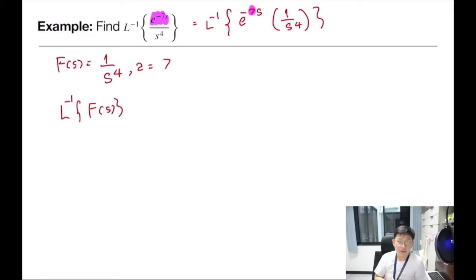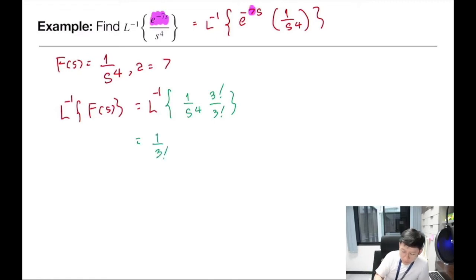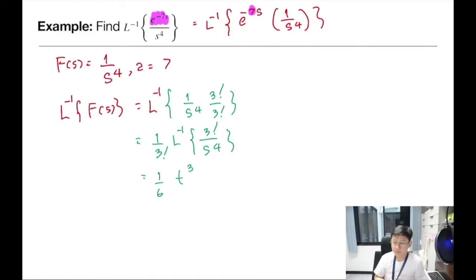And what is L inverse of the big F(s)? You need to find L inverse of 1 over s to the 4. I multiply it by 3 factorial and 3 factorial. We have done that many times, so I'll do it quite quickly. I pull 1 over 3 factorial out, so I get L inverse of 3 factorial divided by s to the 4, and that will be 1 over 6 t to the 3. That would be f(t).